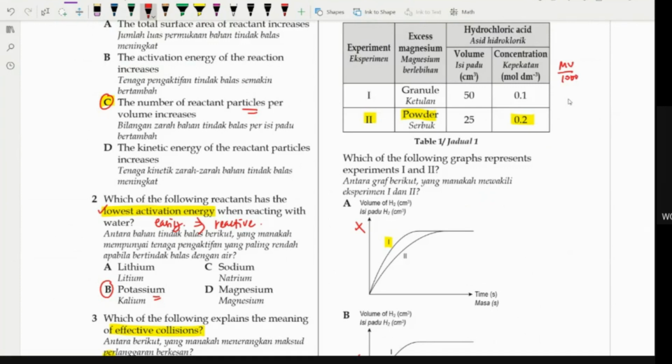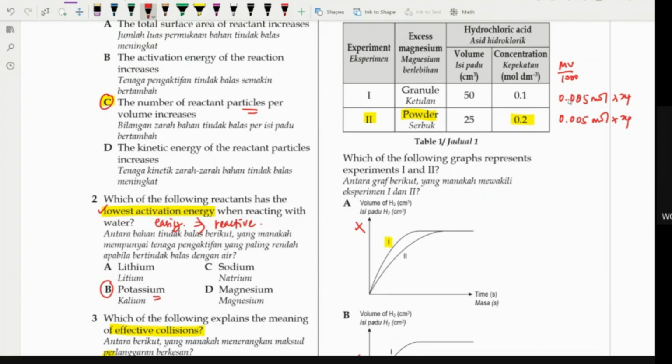What is the number of moles for set 1? 0.005 mole. How about set 2? 0.005 also, right? Then mole times molar volume 24. So you will get the same answer, times 24, and this one also times 24.